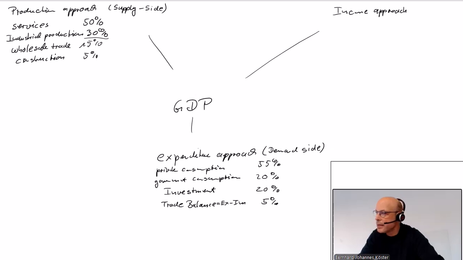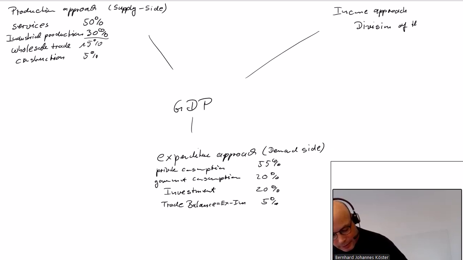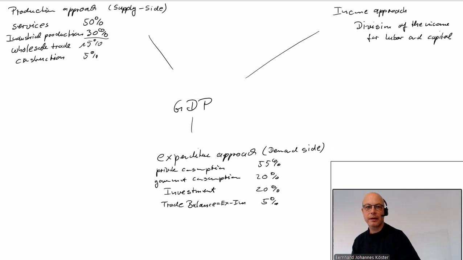And the last one, the income approach, there we had just the division of the income for labor and capital. Well, this was quite easy.